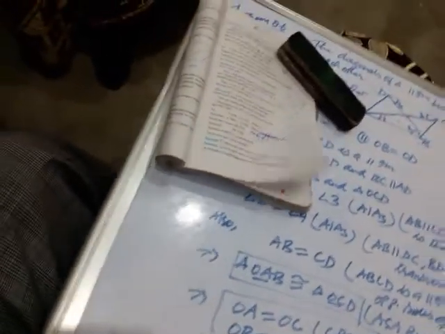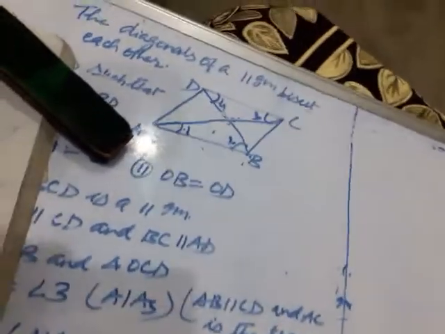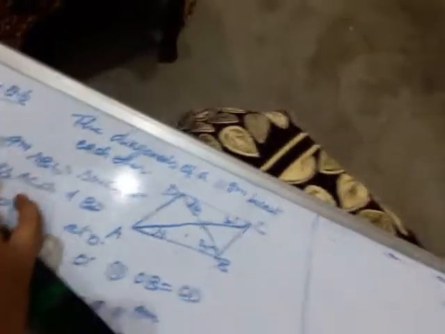Notice that this time it is not given that it is a parallelogram. Parallelogram is not given; it is given that ABCD is a quadrilateral and the diagonals are bisecting each other.